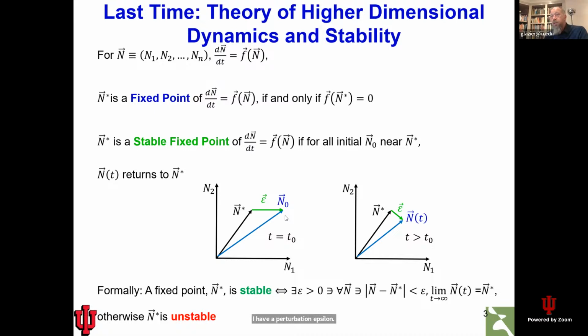And now I repeatedly apply my time evolution. And that epsilon will evolve in time as time goes forward. And I want the amplitude of epsilon of t. This really should have a subscript, probably epsilon 0 here and epsilon of t here, if I were going to be more clear. The length of that should go to 0 as time goes on, if I want to have a stable fixed point.